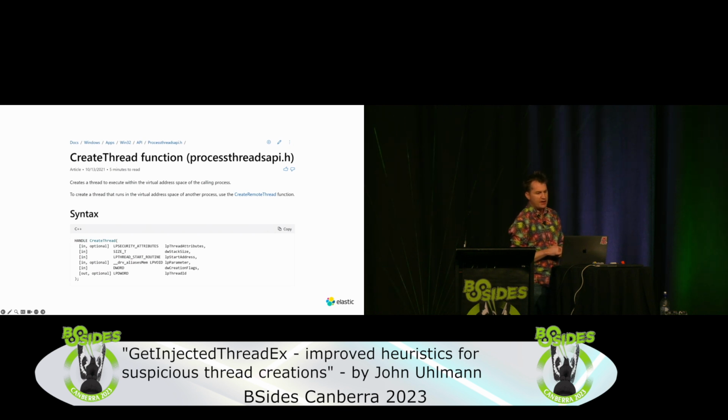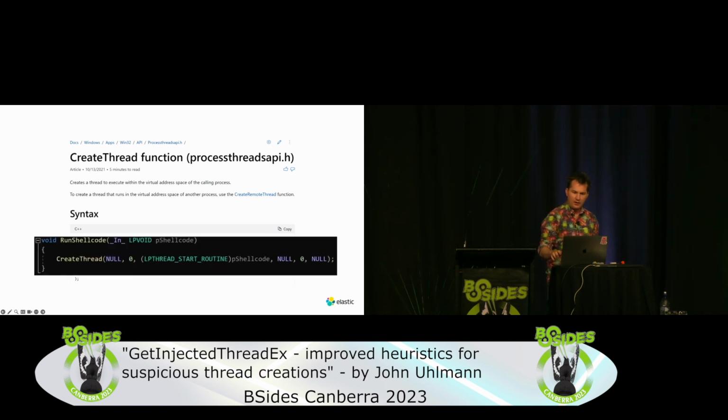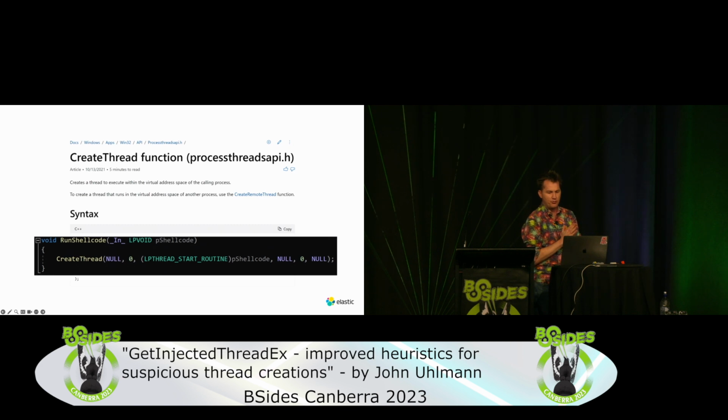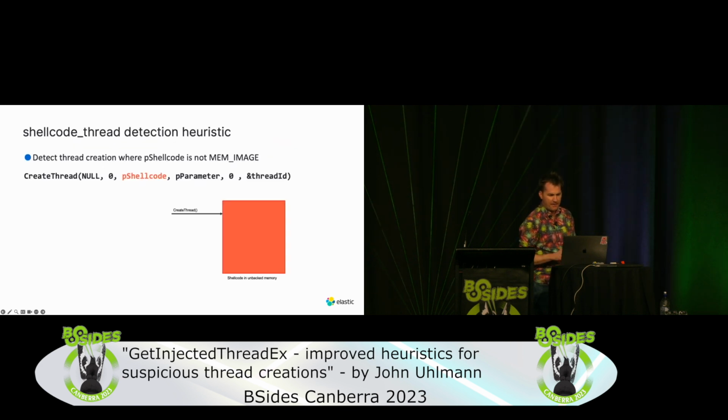One is the address of the entry point of a function, and that function has to take exactly one parameter, so the second thing it takes is the address of that parameter. In other words, it is literally a simple shellcode runner. You can ignore all the other parameters. And it has this lovely sibling function called CreateRemoteThread, and that is effectively just remote process injection by design.